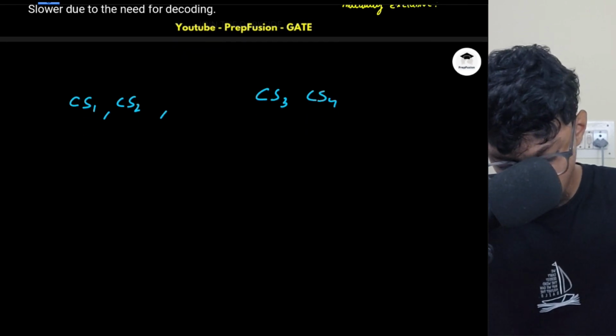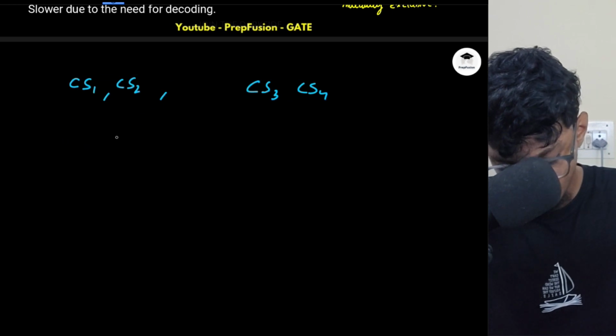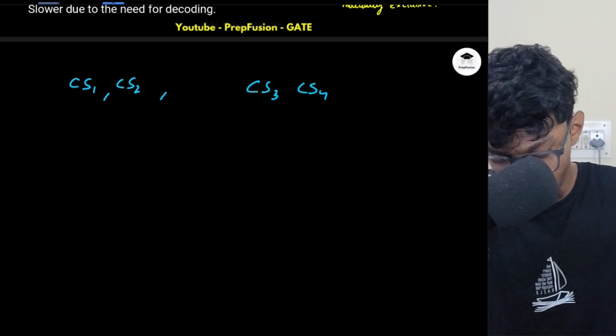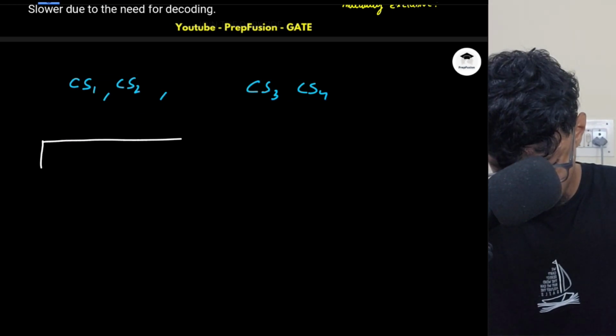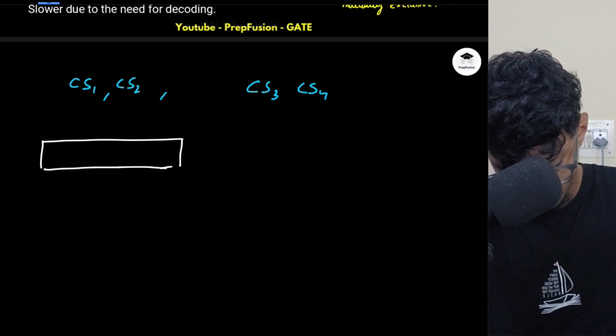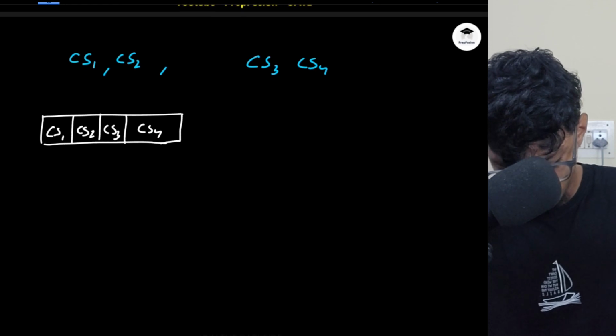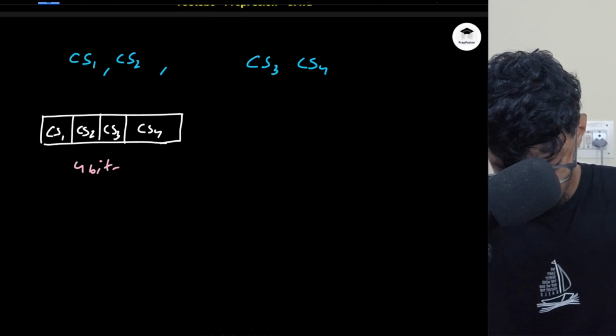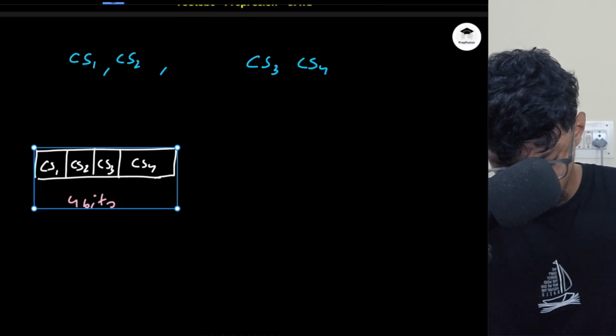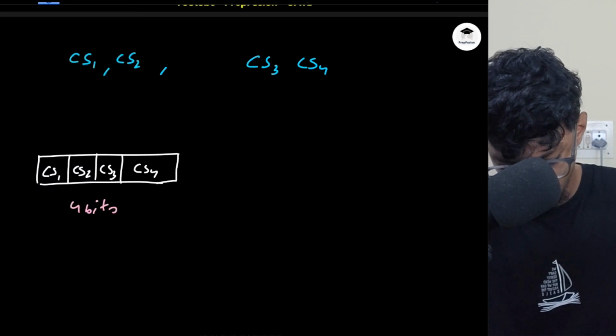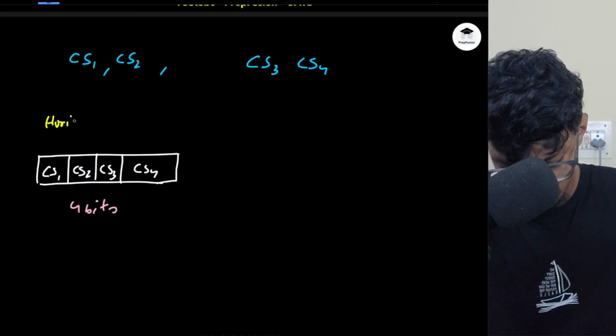If I would have used horizontal microprogramming, how many control signal bits will I require? I will require a total of 4 control signal bits, for CS1, CS2, CS3 and CS4. So total 4 bits with horizontal microprogramming.